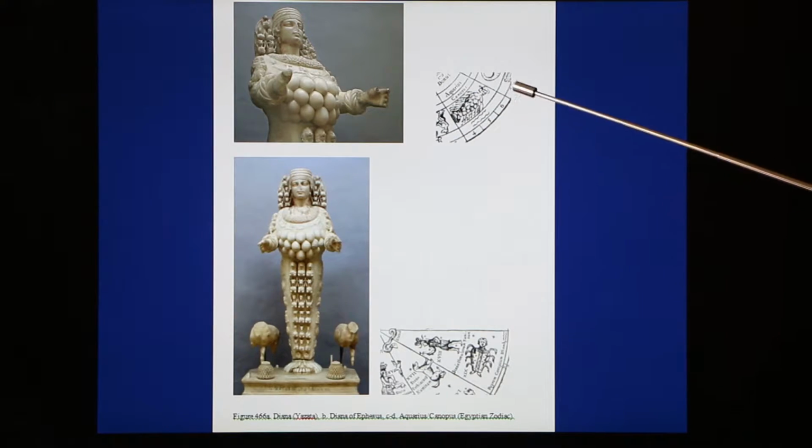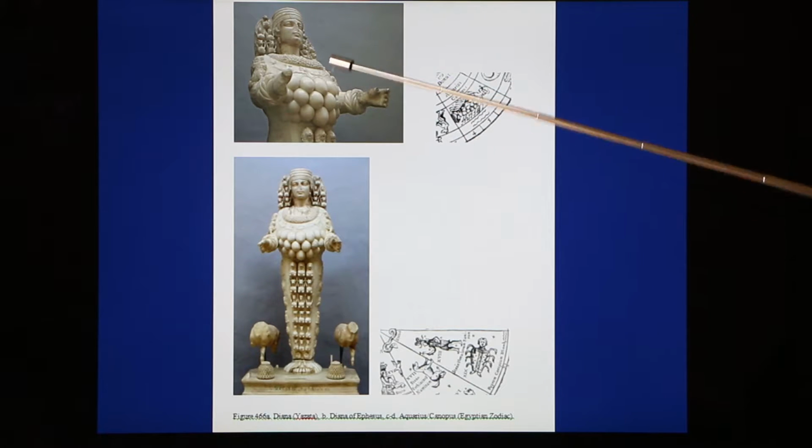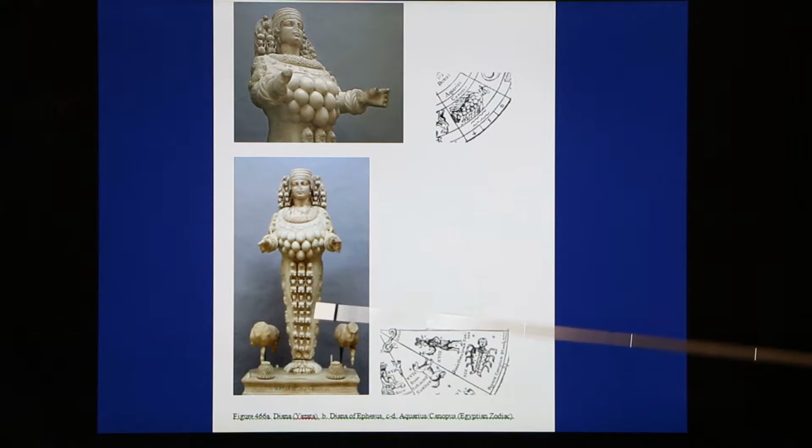But if we go now to the Egyptian zodiac, what do we see? We see the goddess, the star Canopus as a goddess, and here she is in her full glory.